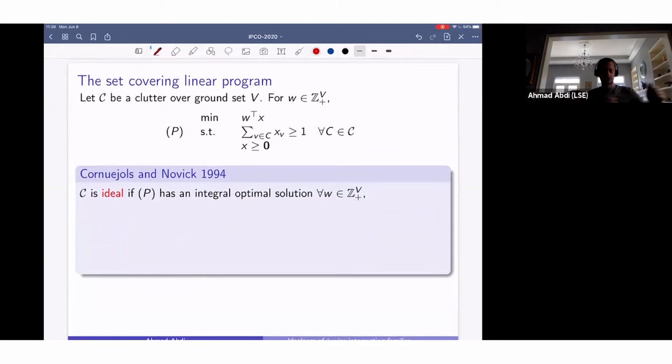A particularly interesting class of linear programs is those that form an ideal formulation or a perfect formulation. We'll say that the clutter C is ideal if this LP has an integral optimal solution for every non-negative integral vector w.